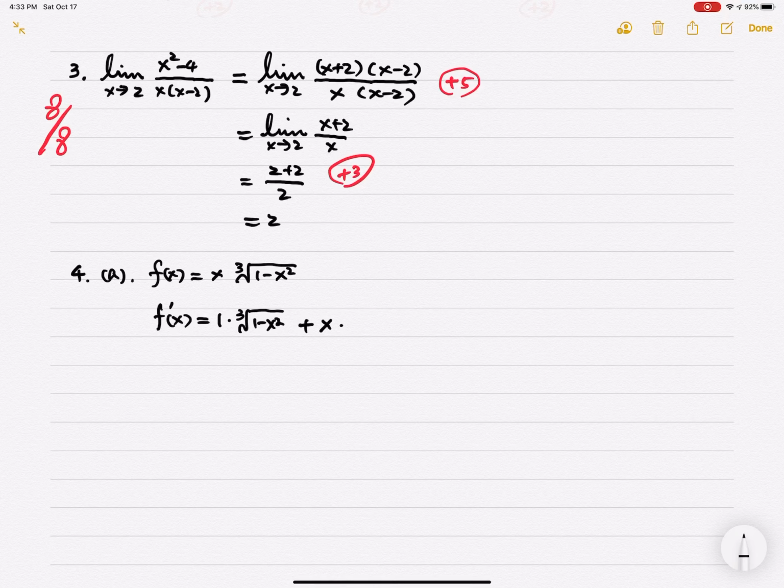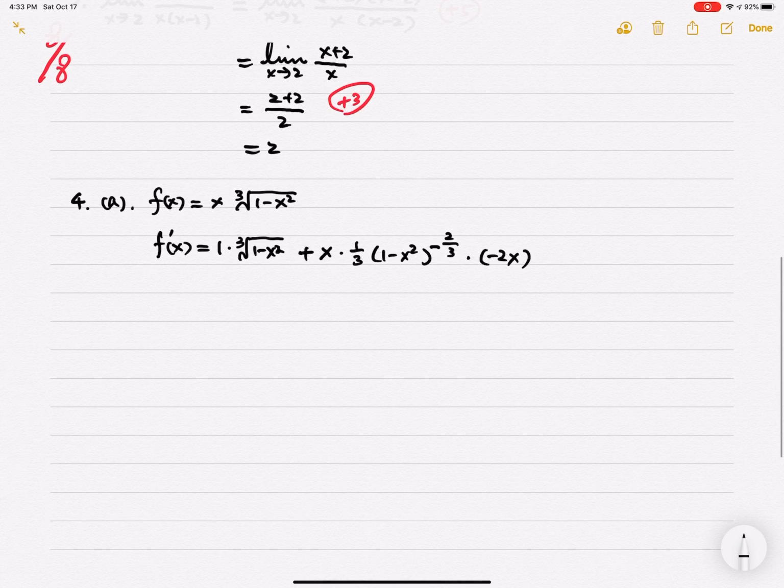Well, the cubic root is raised to the power 1/3. So 1/3 moves down, (1 minus x squared) to the negative 2/3, since 1/3 minus 1 is negative 2/3. And then times negative 2x. So this is using the chain rule. We said do not simplify, so we just keep it like that.